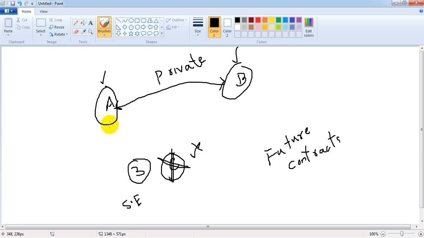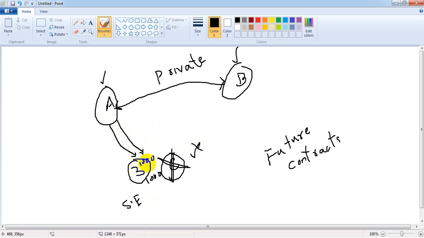On a daily basis, there will be an increase in the value of a share, and there will be a decrease in the value of a share. So this party will deposit some money, suppose $1,000. This party will also deposit some money here. If any party is in losses, they will deposit an additional amount.